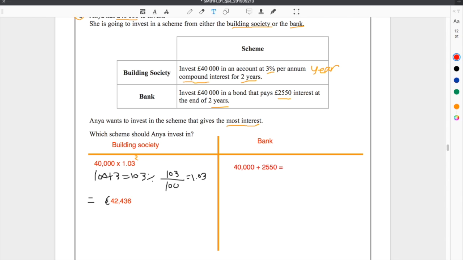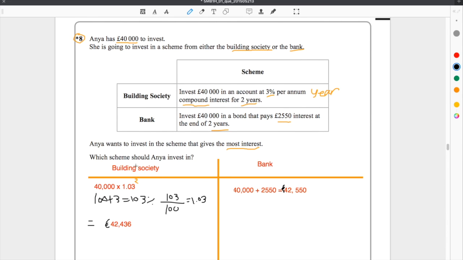That's £42,550. Again, using the pound sign there. So that is the difference between the amounts that you will get at the end of 2 years. Clearly, this value here is greater than the building society, so you choose the bank.